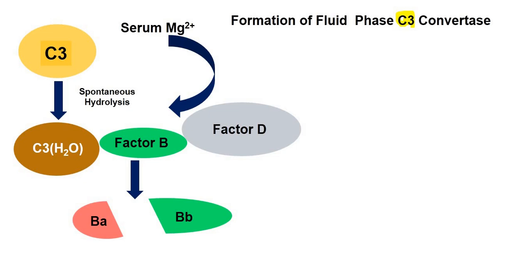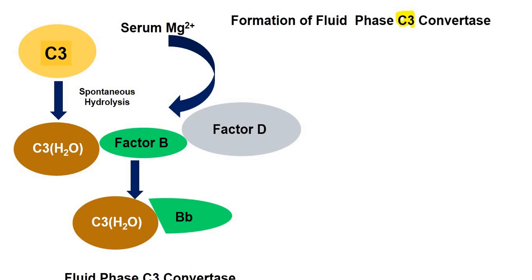Capital B small a, being the smaller molecule, diffuses away. With PowerPoint I have just diffused it away, whereas capital B small b remains, and this capital B small b binds with C3H2O, which was already there, to form fluid phase C3 convertase.